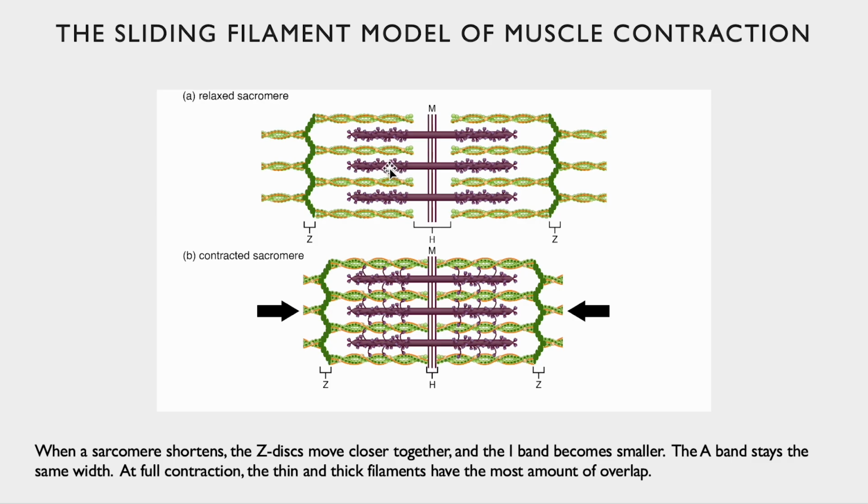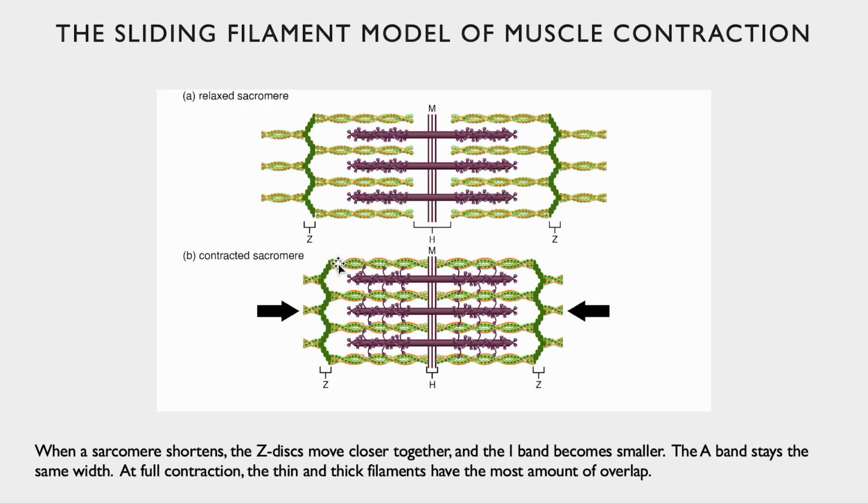These myosin heads that we showed you before will bind to actin, and with the help of ATP, these myosin heads are going to start pulling the actin filaments until the two Z lines walk towards the M line in the center of the sarcomere.